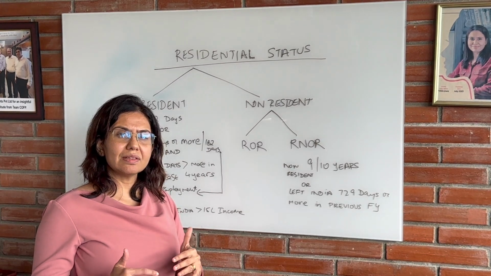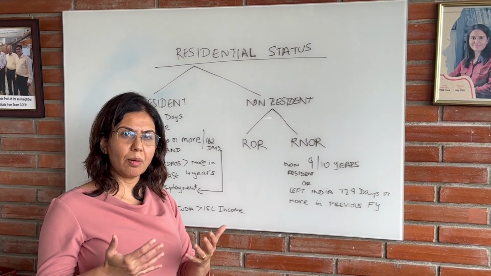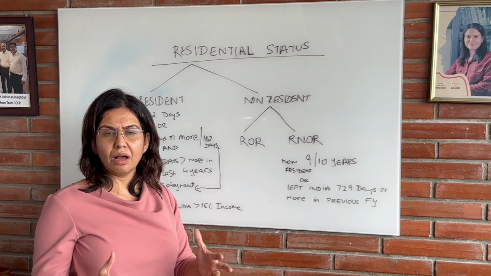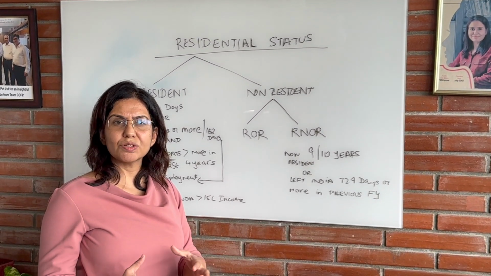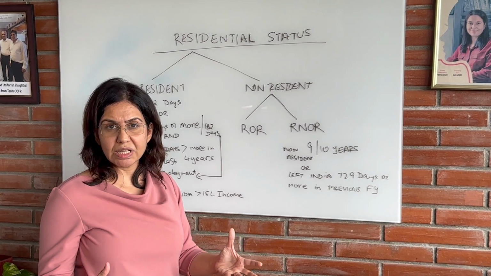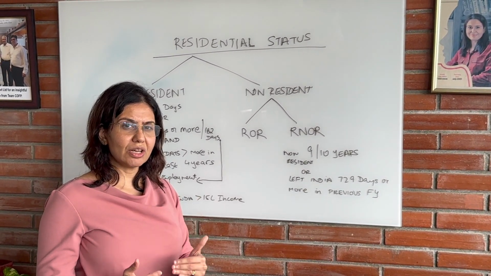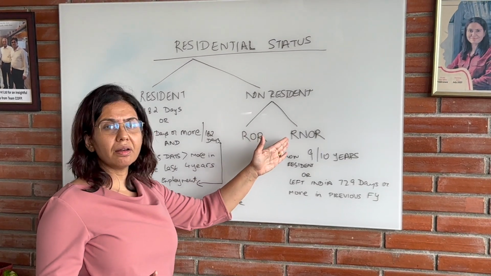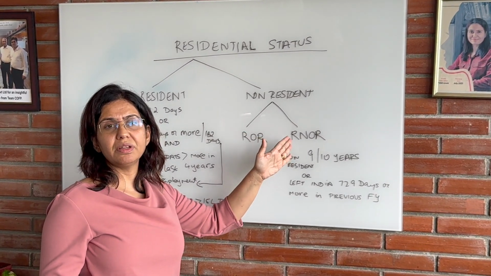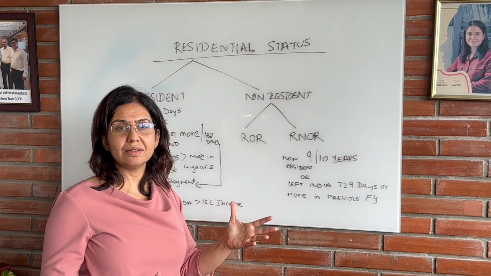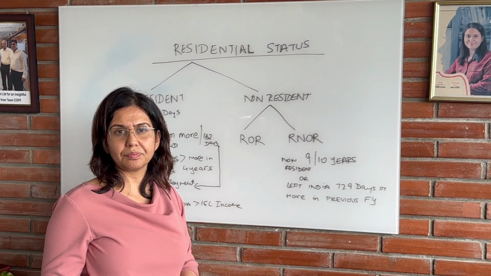There could be cases of individuals who are coming back to India after staying in the US or overseas for the last 15 years. Especially, the tax status for such individuals would be RNOR for a period of 24 months after coming to India after an extended stay overseas.